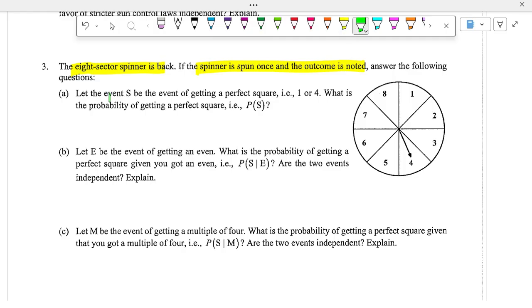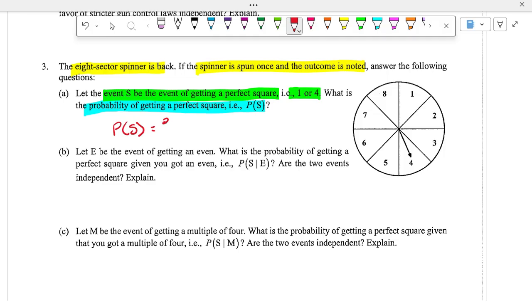So we're going to let event S be the event of getting a perfect square, 1 or 4. Those are really the only 2 perfect squares on there. What is the probability of getting a perfect square? So how many options on this is a perfect square? There's 2. Okay, how many options total?